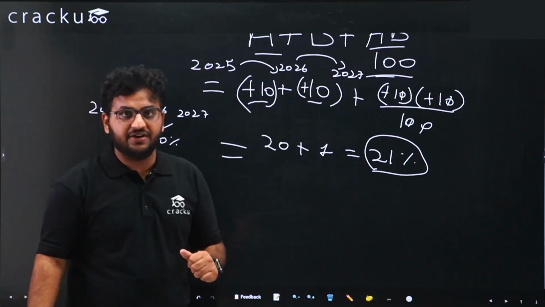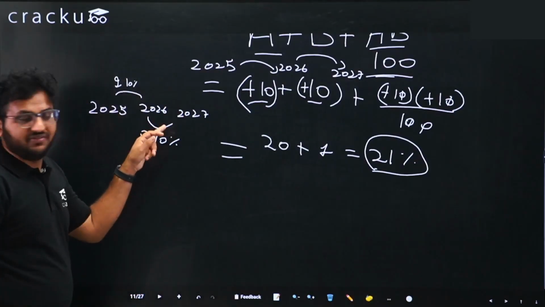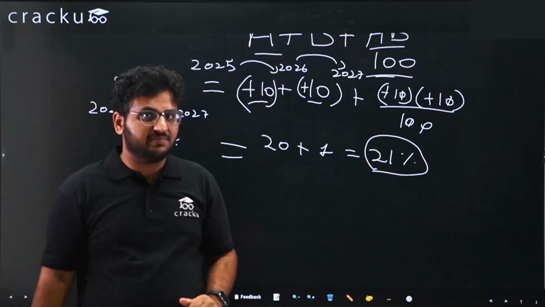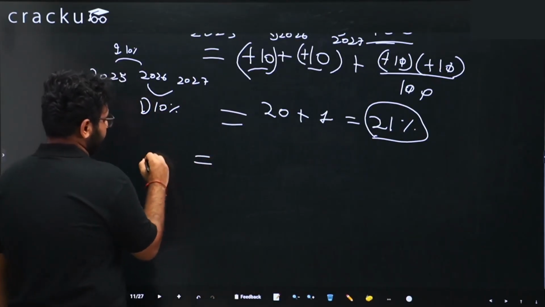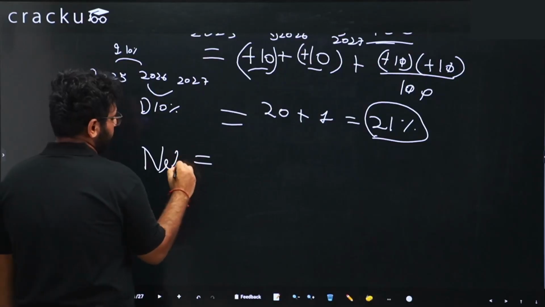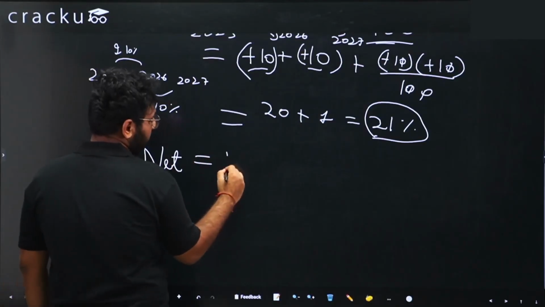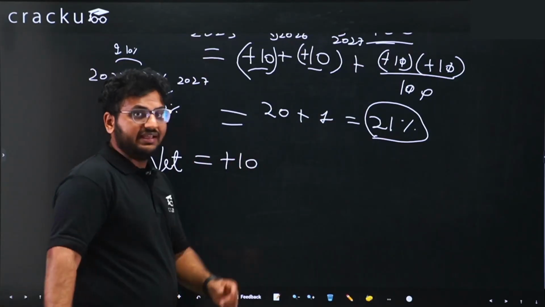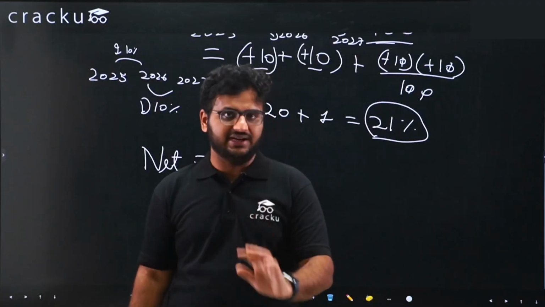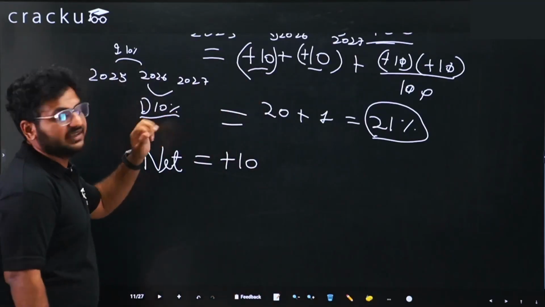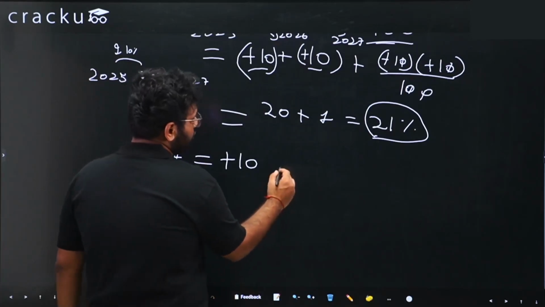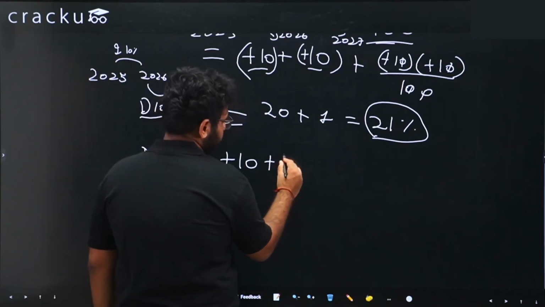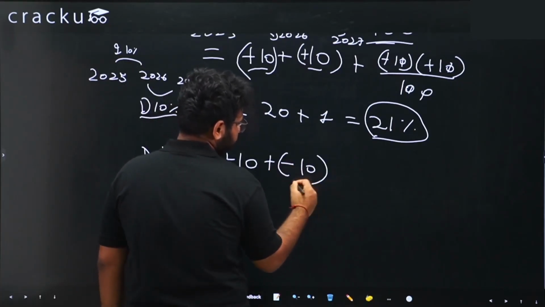So if we put in the formula, from 2025 to 2026 it is increasing by 10%, so net percentage value will be equal to plus 10. We will take increase as plus and decrease as minus. Now decreasing by 10%. So decreasing is minus. So we will do minus 10.